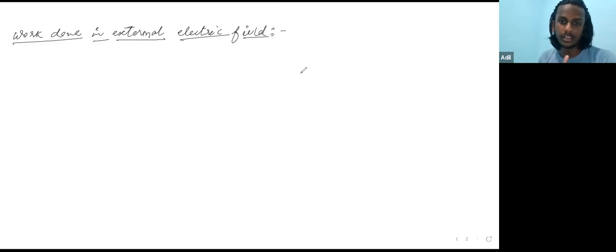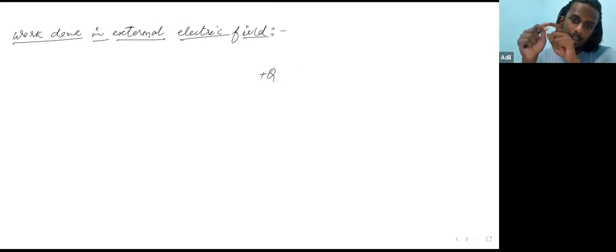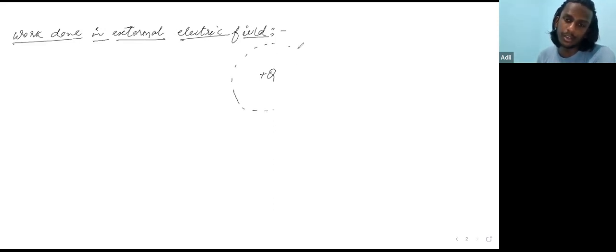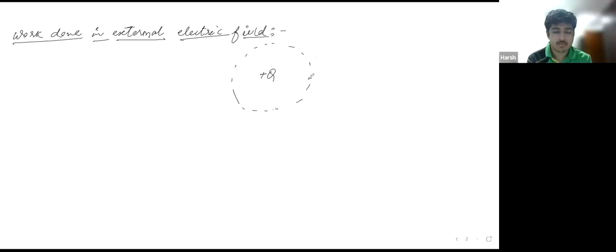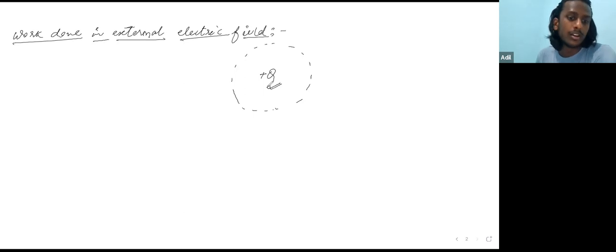Try to understand what external electric field means. Suppose we have a charged particle of capital Q. If it is a charged particle of Q, then it creates a field surrounding itself. We have already known this. This field is generated by this charge. So this is the field of this charge.